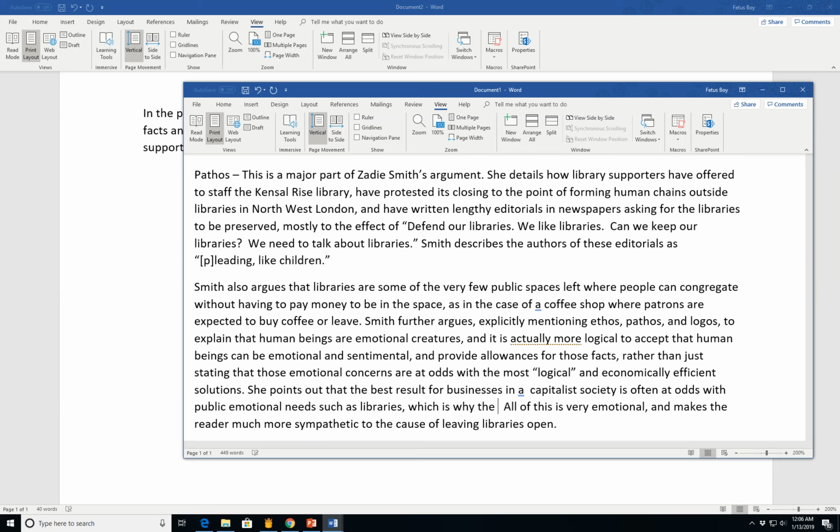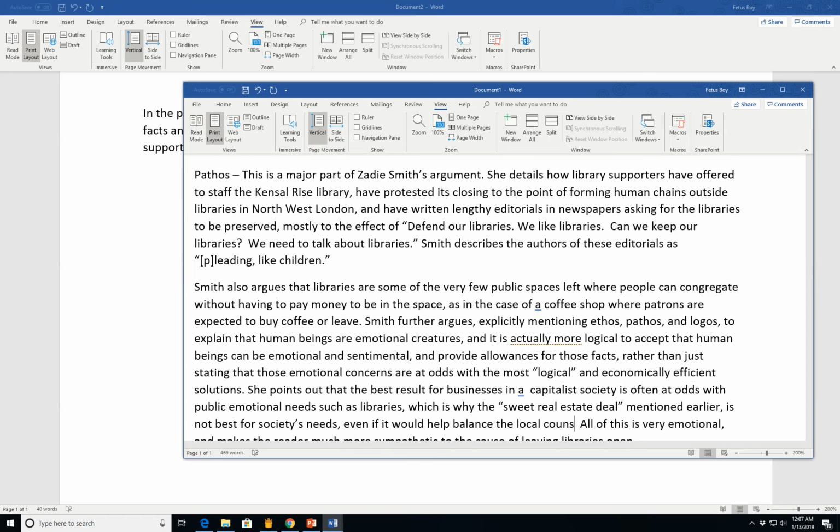Which is why the sweet real estate deal mentioned earlier is not best for society's needs, even if it would help balance the local council government's budget.